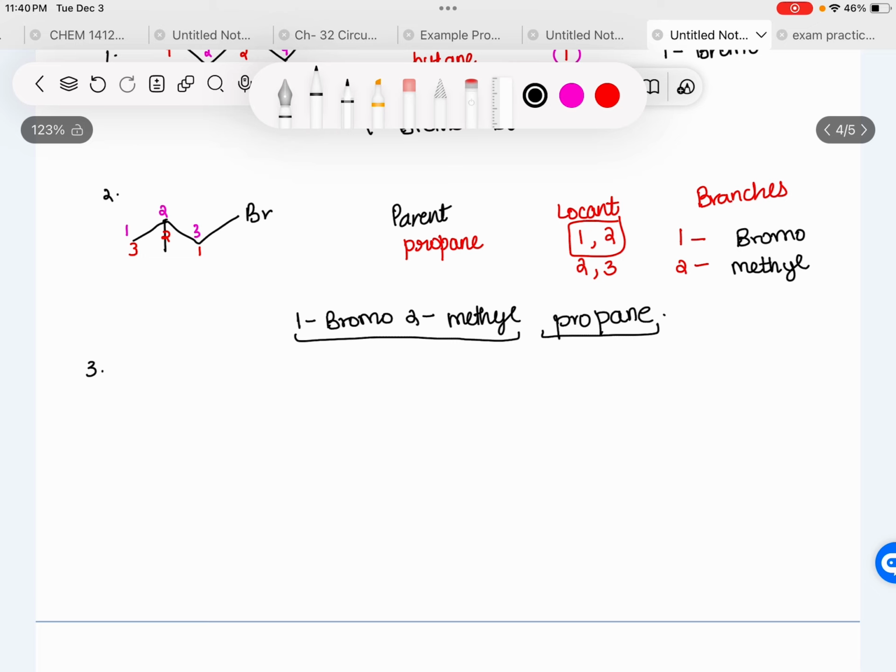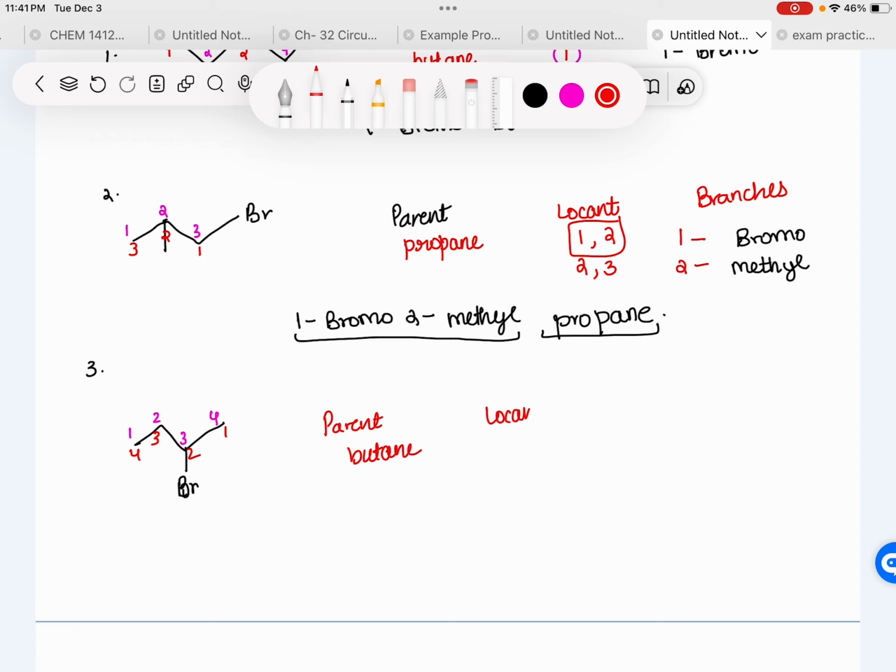Our third isomer is this, with the bromo attached in between. Then let us write the numbers 1, 2, 3, 4, and the other side 1, 2, 3, 4. The parent is butane, that's single carbon hydrogen bond, so ane.